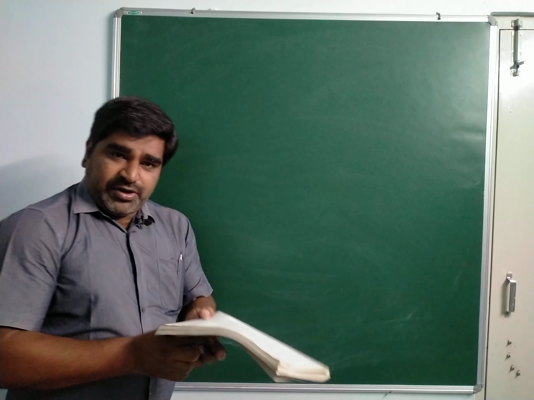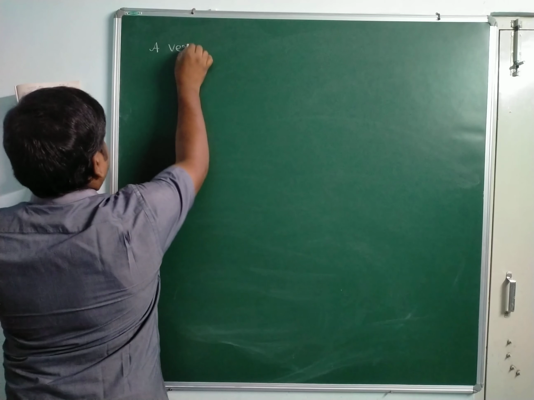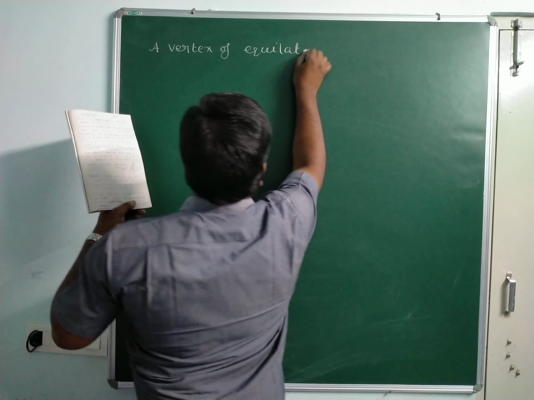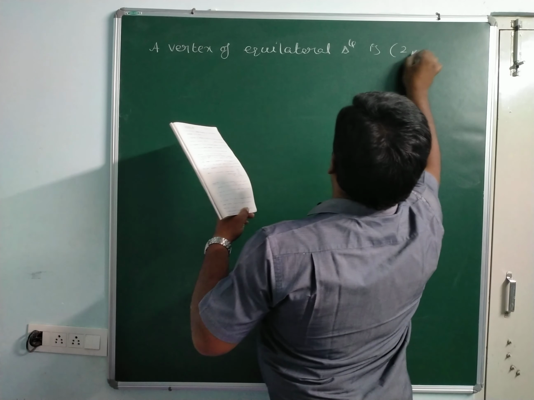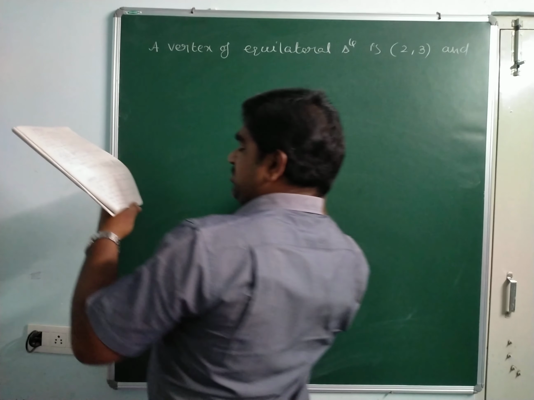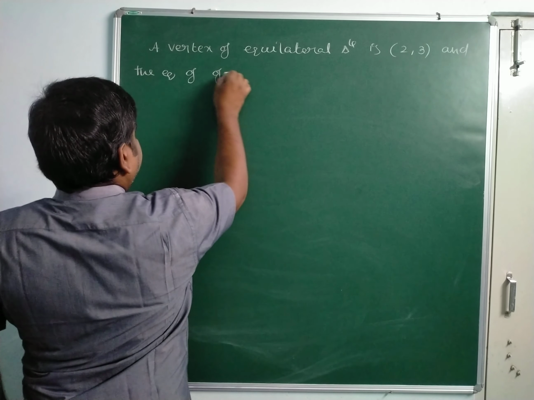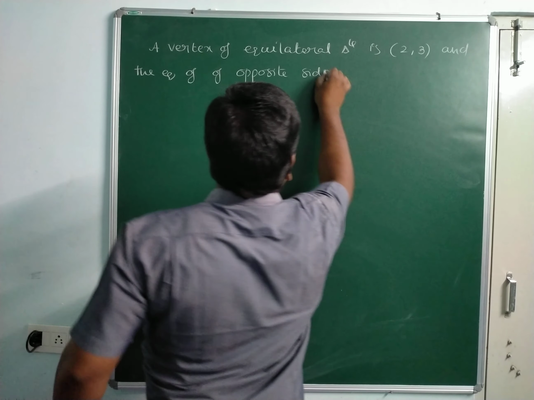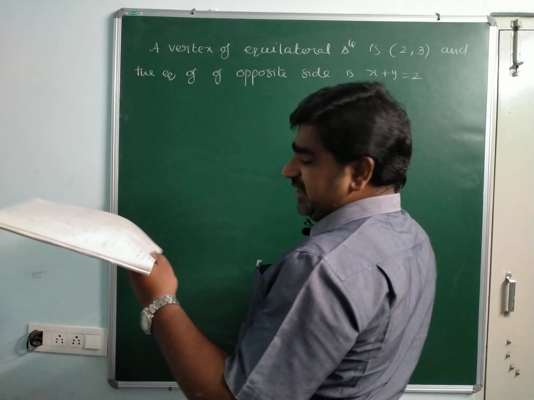Write down the example. A vertex of an equilateral triangle is (2, 3), and the equation of the opposite side is x plus y equals 2.